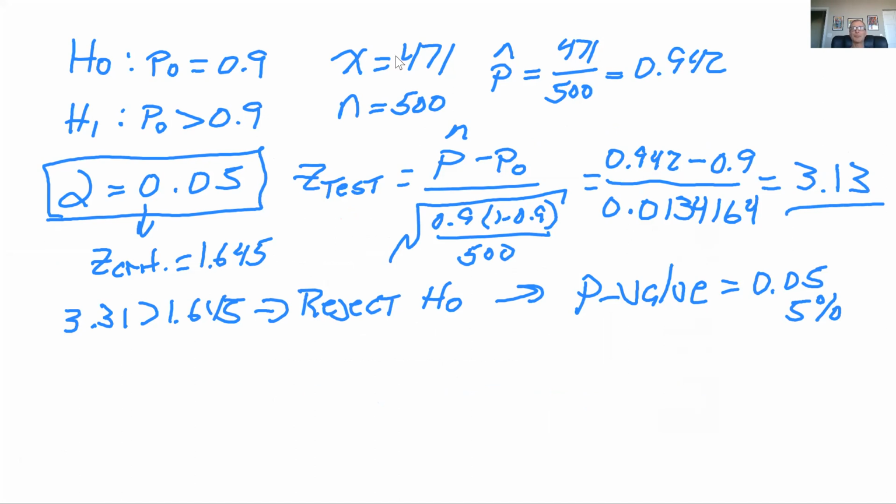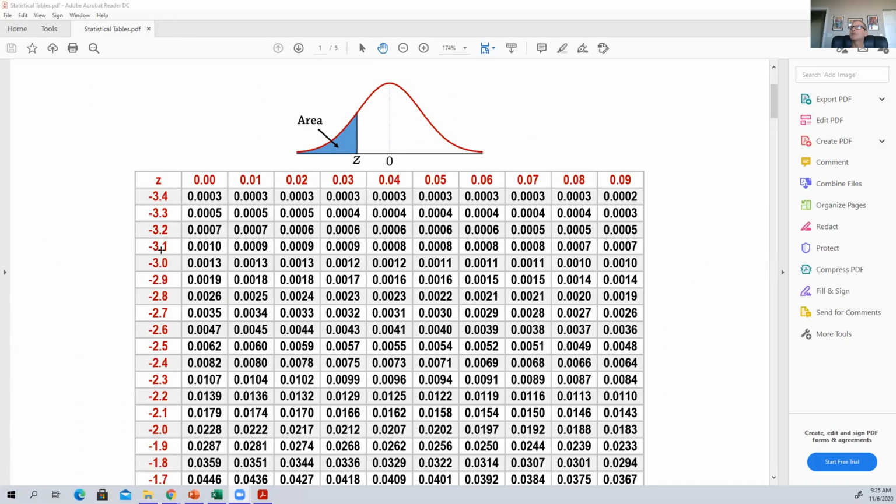And so if we go back to our table, minus 3.1 and then 1, 2, 3 with 4 decimal points, you can see it's 0.0009. And so the idea is that you read it off the table.